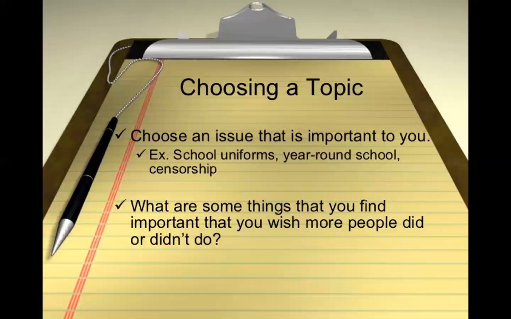So school uniforms, why we need to wear school uniforms, right? So you need to start writing about that. So you should be convincing enough that the person who is reading will say, yes, I am with her. I think we do need uniforms. Okay. So first thing is choosing a topic.